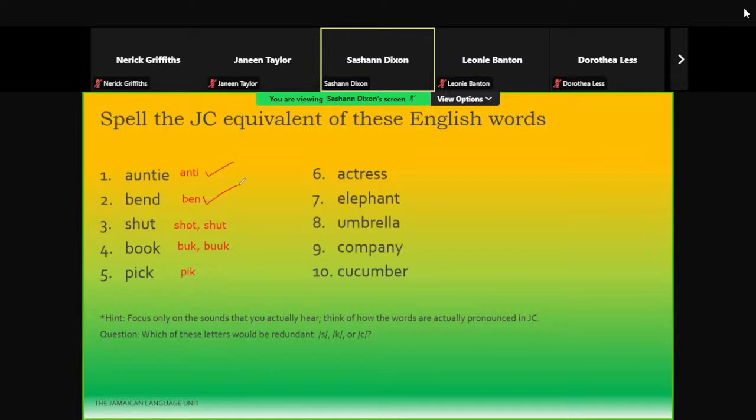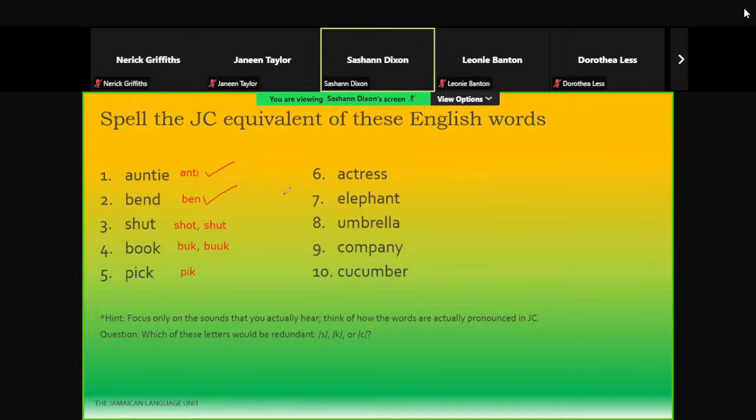Number three, I saw two options for this one, S-H-O-T and S-H-U-T. Remember the pronunciation is shut. And I saw a question in the chat. Someone said, isn't shut and shirt, they have a similar sound in Creole? They definitely do. So it is possible for Jamaicans to say shirt.